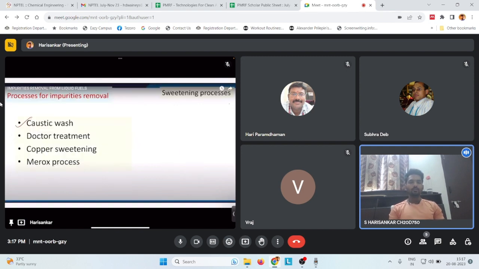So we'll briefly look into the different kinds of sweetening processes, or mainly removal of sulfur. The first process is caustic wash. Caustic wash basically means we wash our crude oil with sodium hydroxide, and we use this sodium hydroxide to remove the sulfur based compounds.